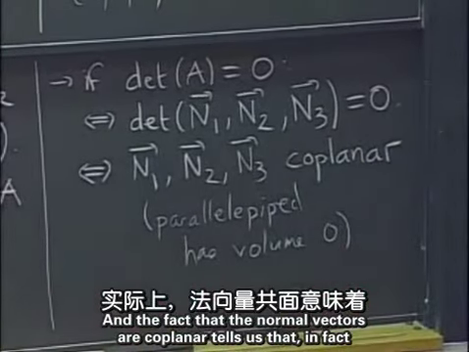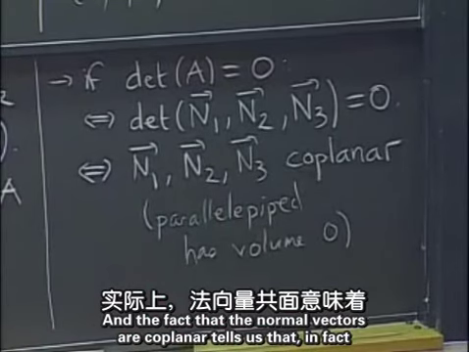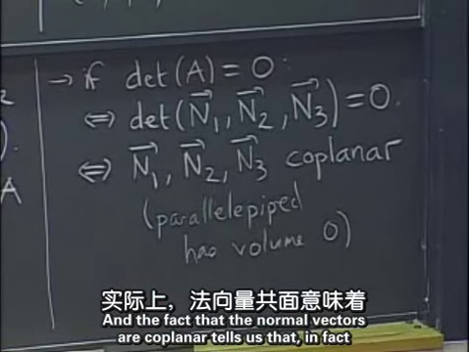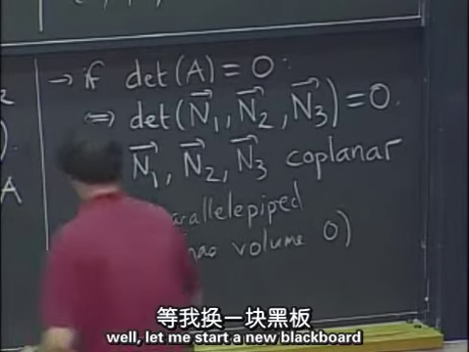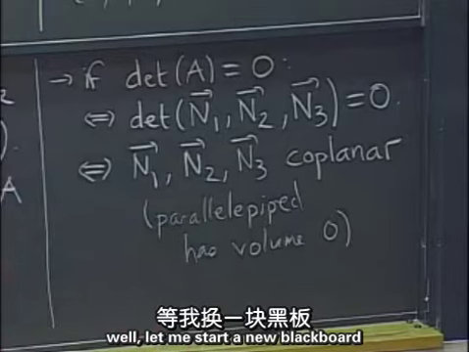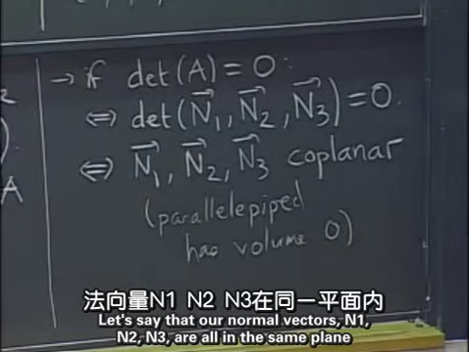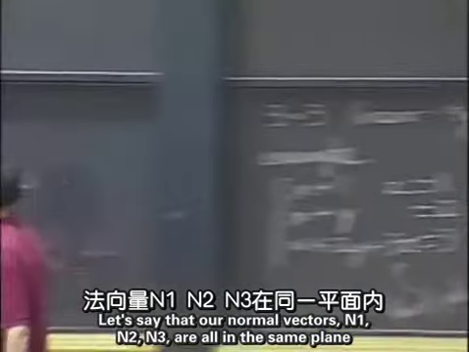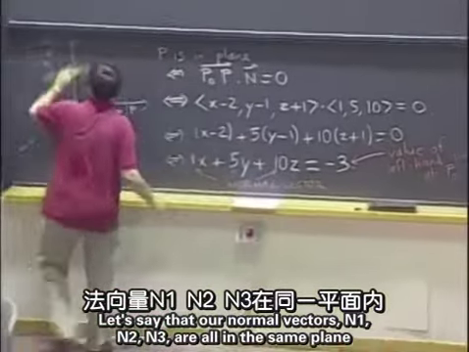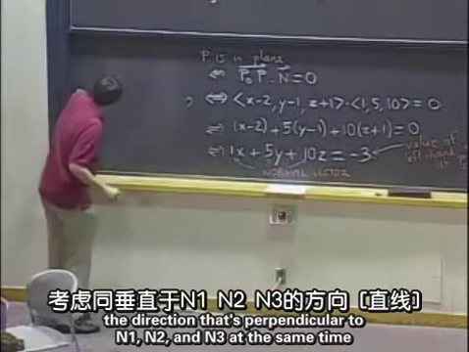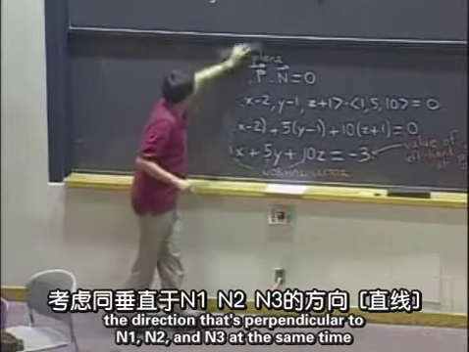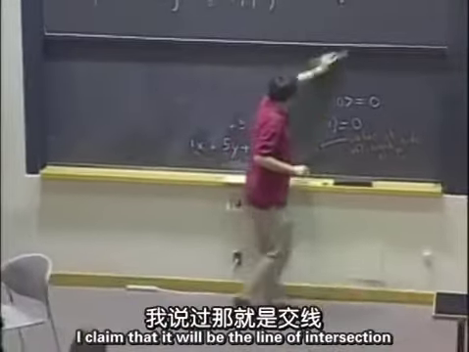And the fact that the normal vectors are coplanar tells us that, in fact, well, let me start a new blackboard. Now let's say that our normal vectors n1, n2, n3 are all in the same plane. And let's think about the direction that's perpendicular to n1, n2, and n3 at the same time.